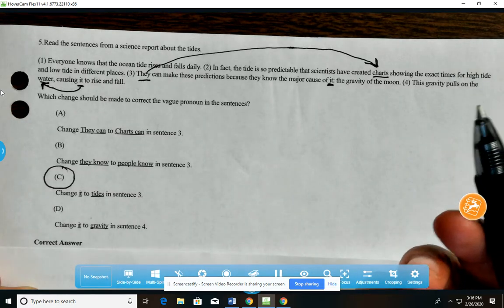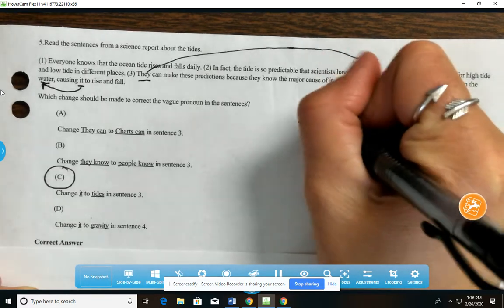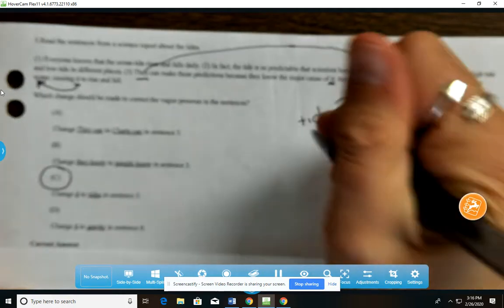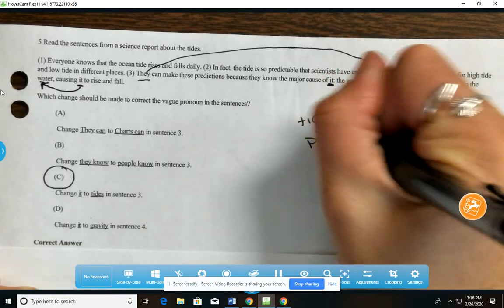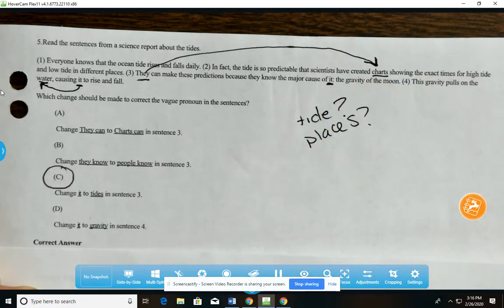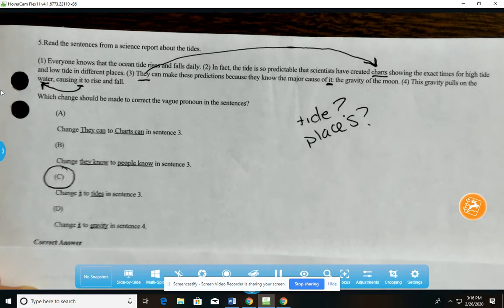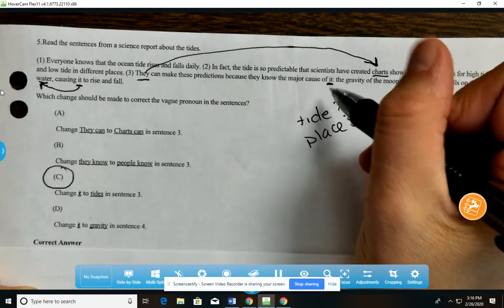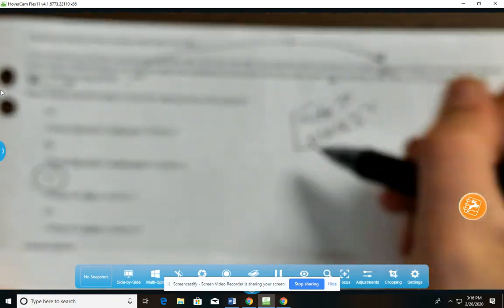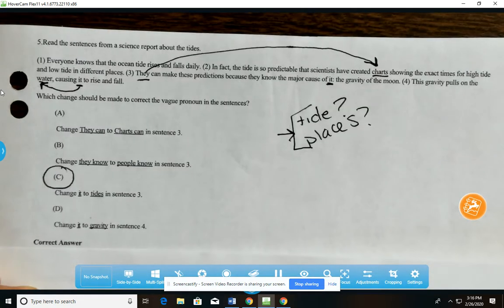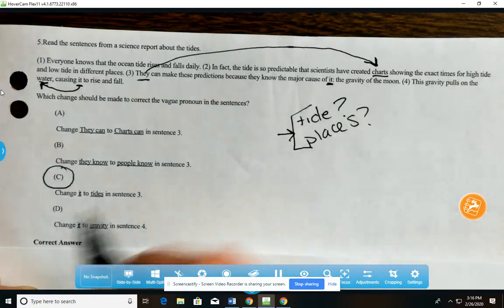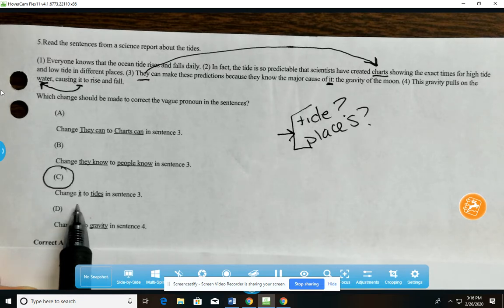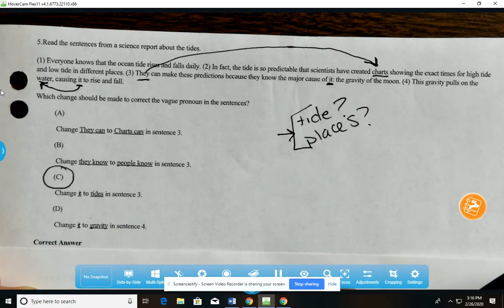I'm not sure. There's a lot of guesses there. Are they referring to the tide? Are they referring to the places? I have no clear clue. It's a little vague. Because it is vague, there's multiple options that could be replacing as an antecedent. That's why you want to make the change to avoid confusion for your reader.